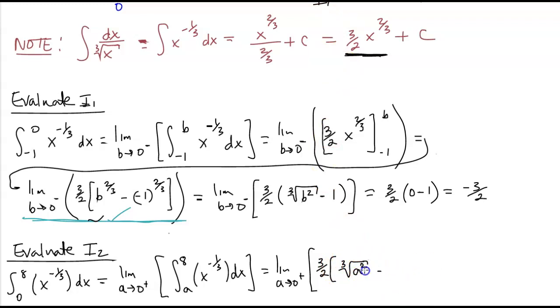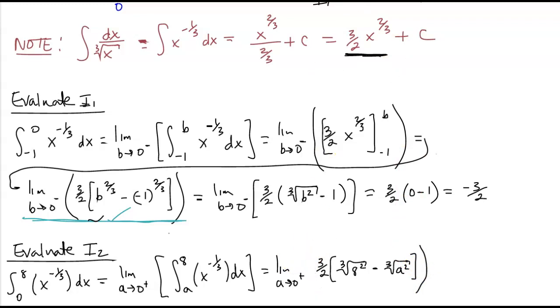Sorry, that's not right. So the upper limit here is 8. So this should be cube root of 8 squared, and then minus cube root of a squared. Yep. So that is what I'm trying to do there.